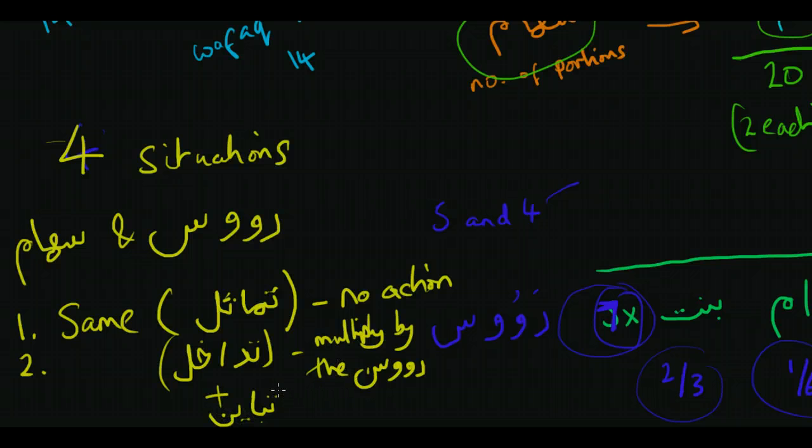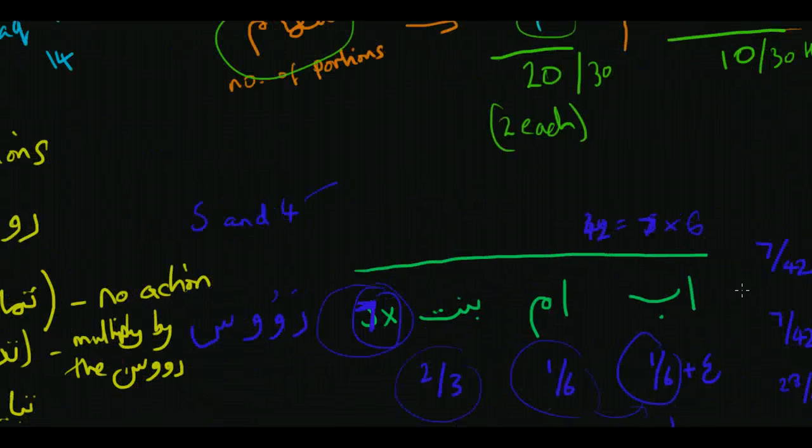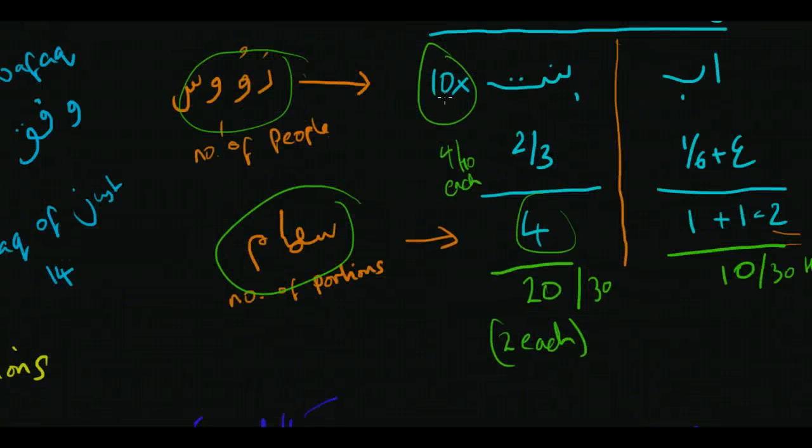So if we have a tabayun relationship between the ru'us and the siham, remember the ru'us are the number of people and the siham are the number of portions that those people are going to share. And where we have a tadakhul or tabayun relationship between those two numbers, then we just simply multiply by the number of ru'us into the question.